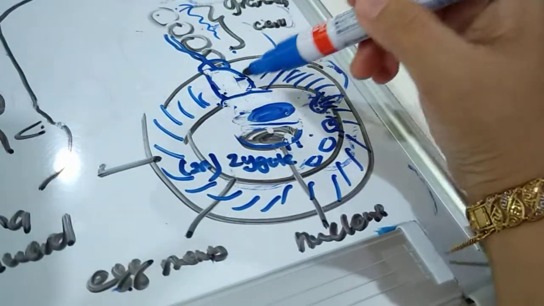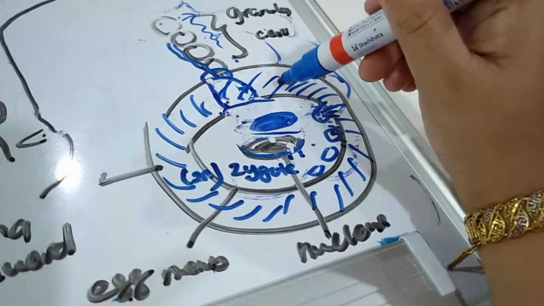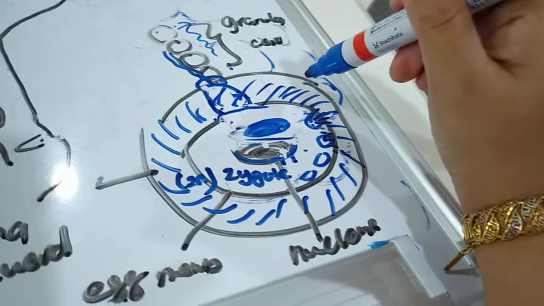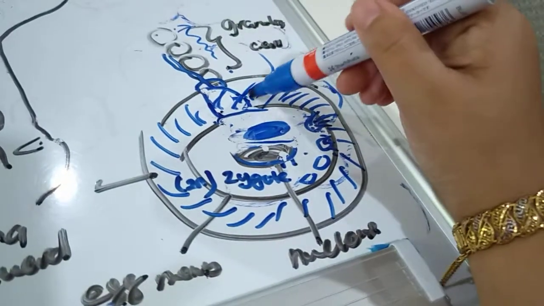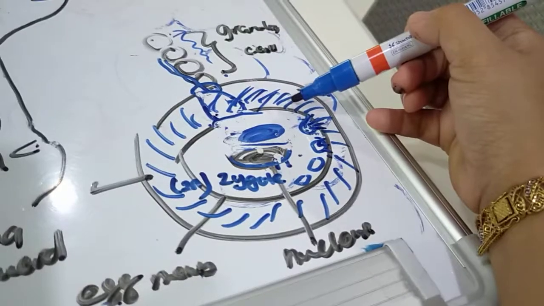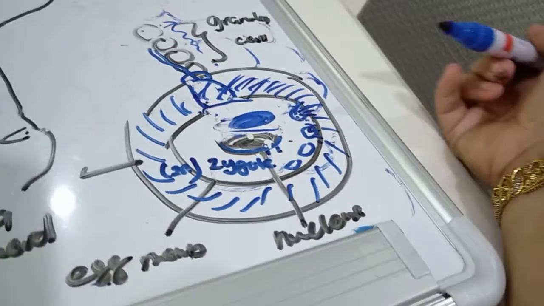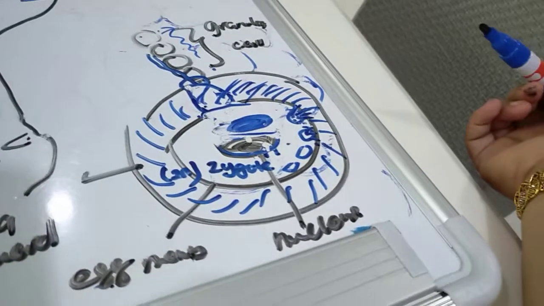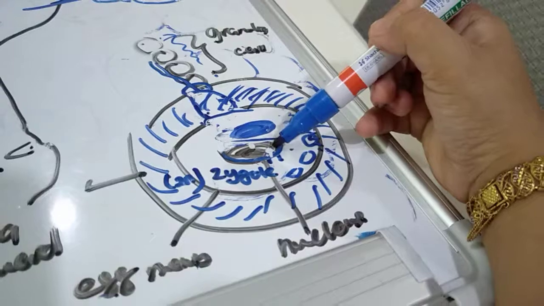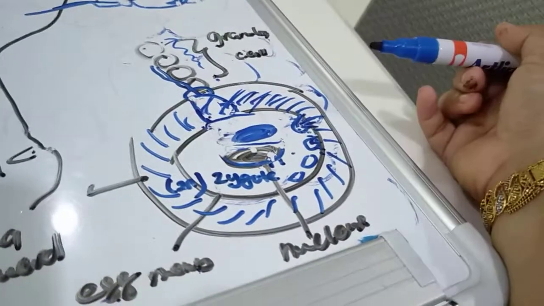So no sperm is able to penetrate zona pellucida anymore because zona pellucida has become hardened. And the importance of this event is actually to prevent polyspermy, to prevent the egg from being fertilized with more than one sperm. Okay.